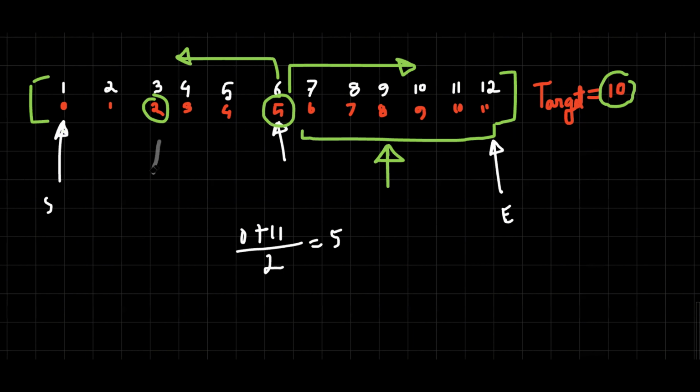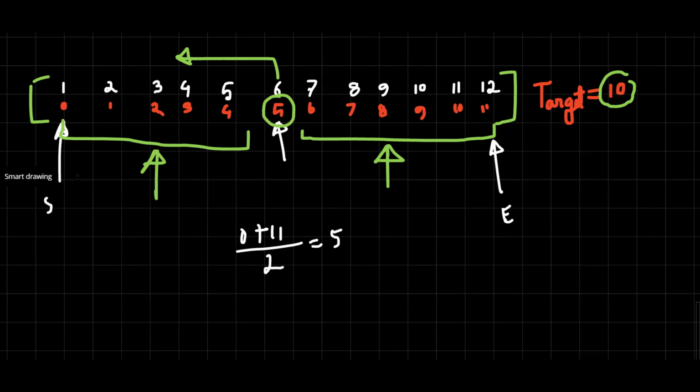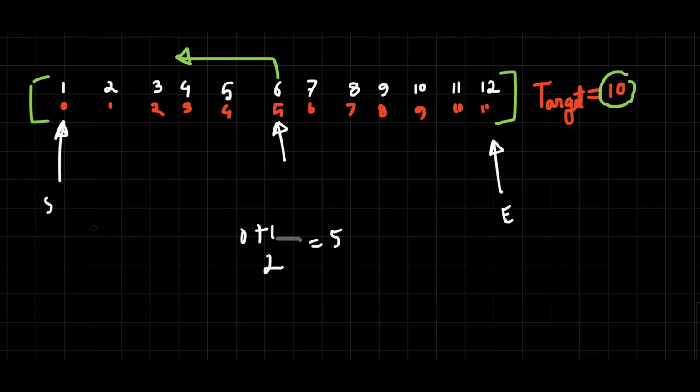So here the algorithm is, for each iteration, we have to calculate the mid value. Now we have to check whether our target element is equal to the mid value or not. If it is equal to the mid value, that means we have to return the mid value's index number. Otherwise, if our target is greater than the mid value, that means we have to update our start pointer.